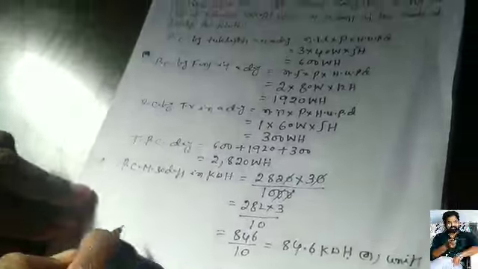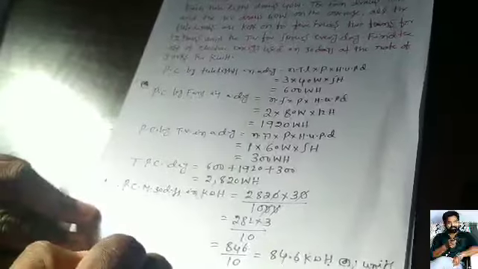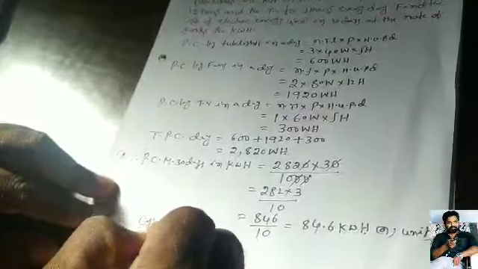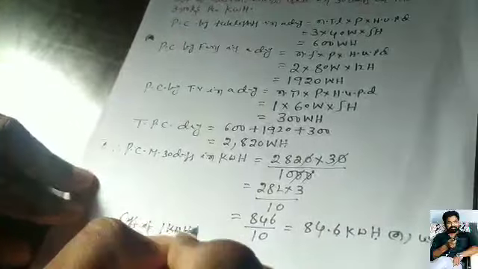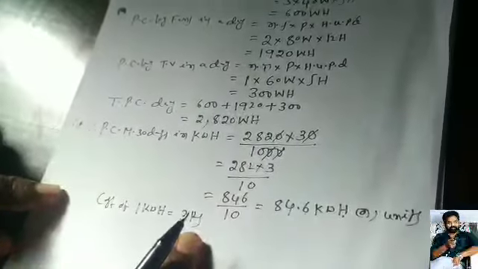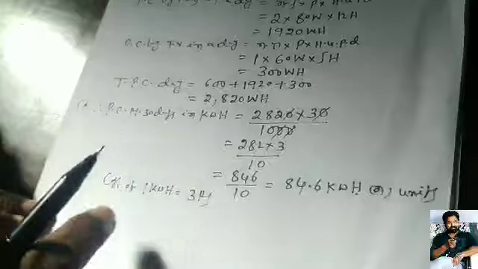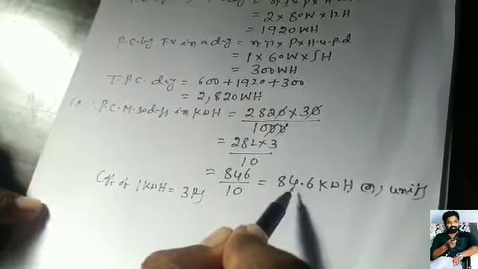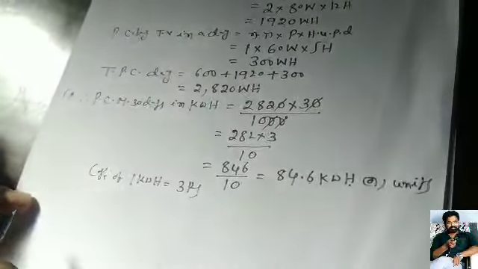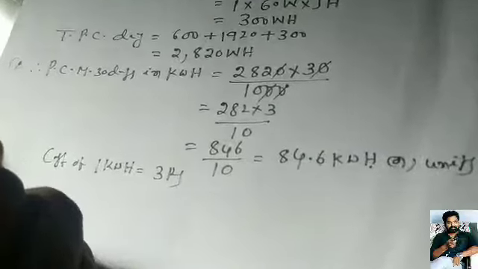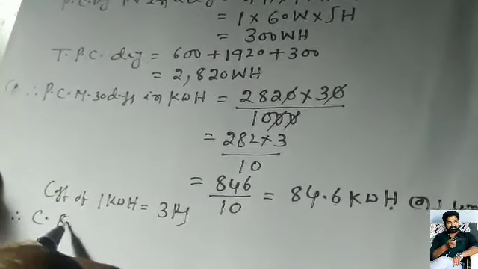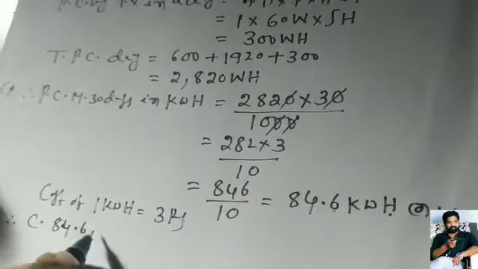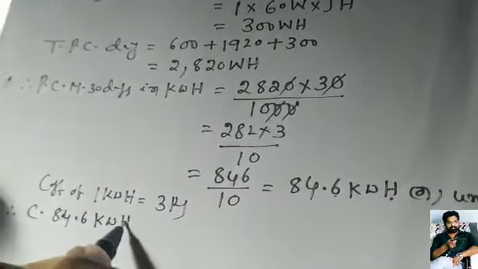Here cost of 1 kilowatt hour is given. The cost of 1 kilowatt hour is 3 rupees. Now we want to find the cost of 84.6 kilowatt hours.